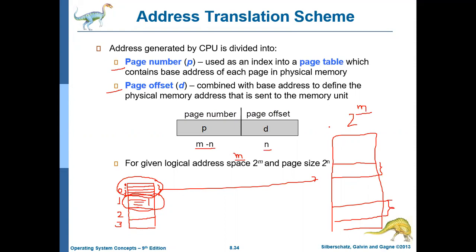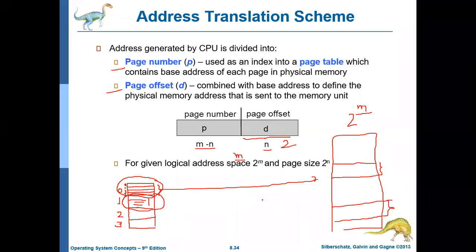Now, if I say that the page offset is taking 2 bits, what is the size of your page? A page has offsets. How many offsets a page will have is defined by the number of bits the offset is taking.